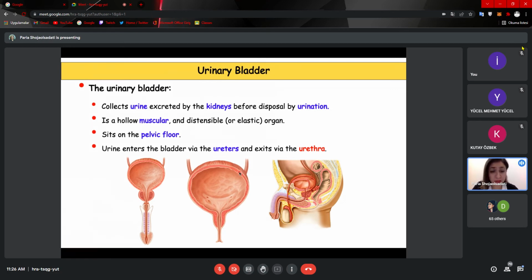The wall of the bladder is made of a special muscle named the detrusor muscle, and the surface of that is covered by the adventitia, a layer of connective tissue.